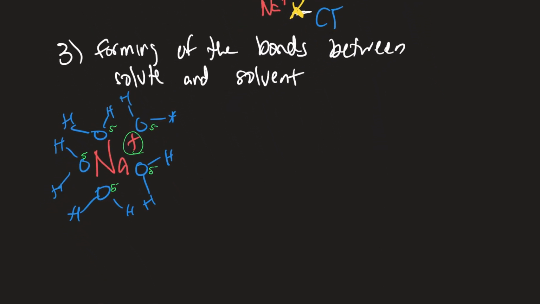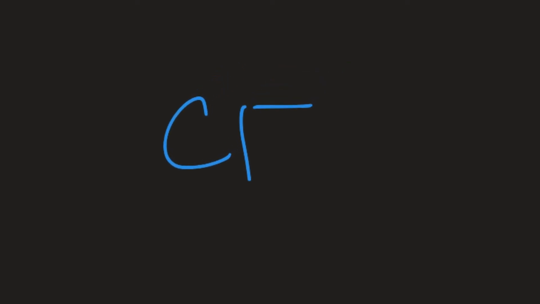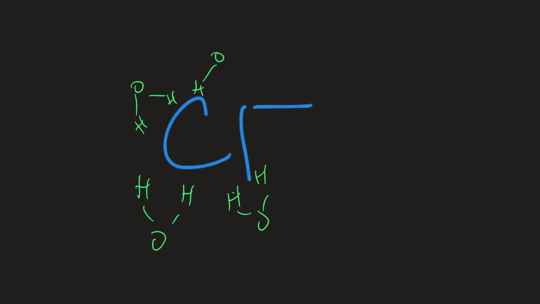Now, when we're looking at the chloride ion, it's exactly the case here. We see that the hydrogen portion of the water molecule is attracted to the chloride ion. Why is it attracted to the chloride ion?